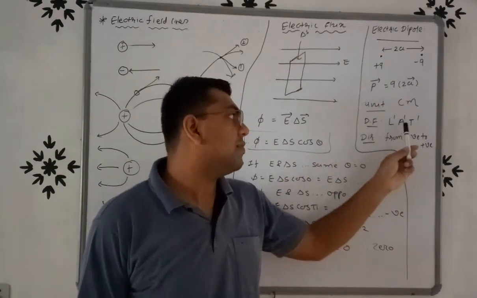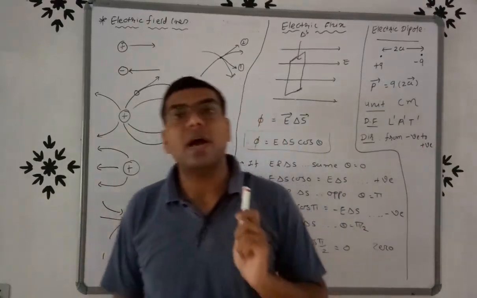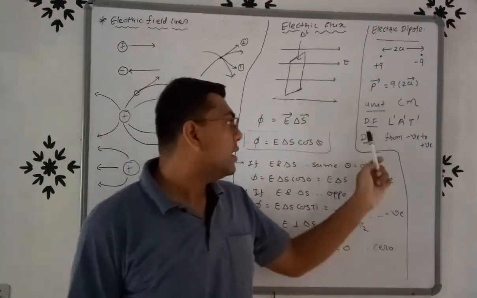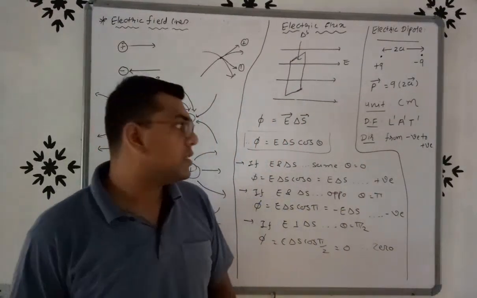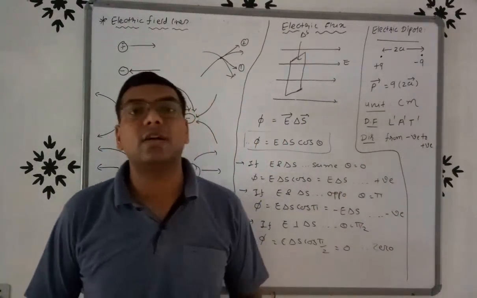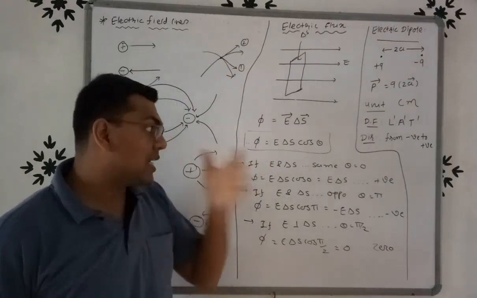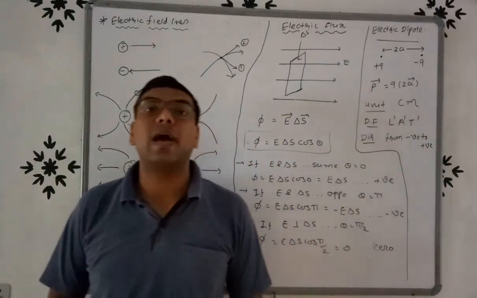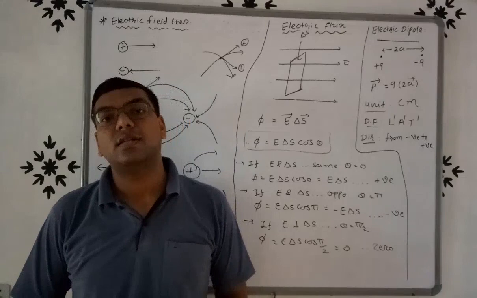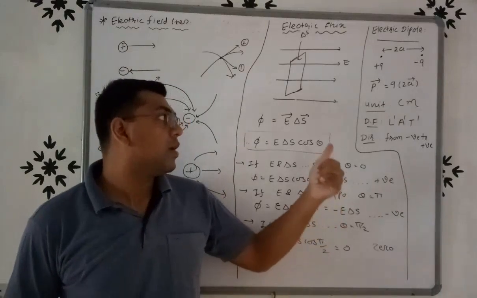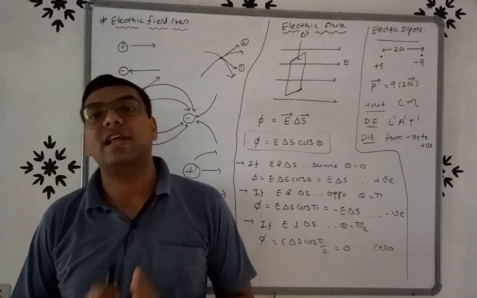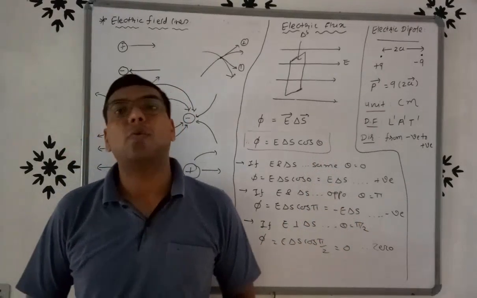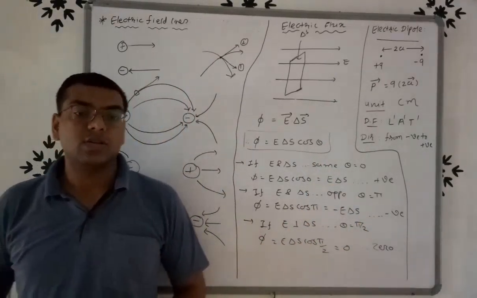Dimensional formula L1 A1 T1. And you have to remember, friends, the direction of electric dipole moment is from negative charge to positive charge, right? So you have to remember the formula, unit, dimensional formula, and the direction of electric dipole moment, right? Okay.